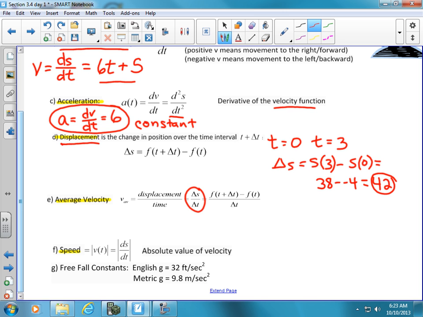The average equals the function, and I'll call it s because that's what it is: s at 3 minus s at 0. We're going to find the average velocity between t equals 3 and t equals 0, over 3 minus 0. The difference in s over the difference in time.